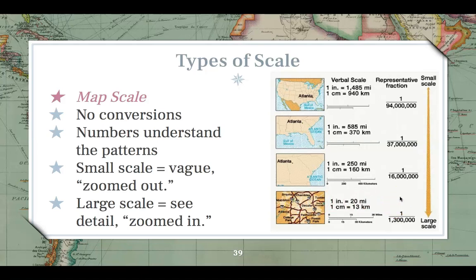Now, what it's showing you is this: let's actually just take the city of Atlanta to make it a little easier. 1 inch equals 20 real miles. Okay, let me repeat that. So if you were to measure this map right here, just this one, every inch that you measure equals 20 real miles on the surface of the earth.